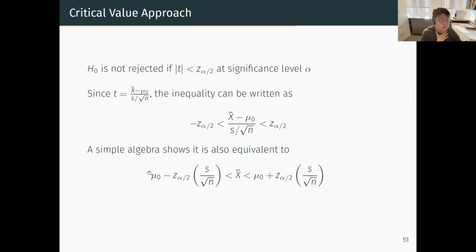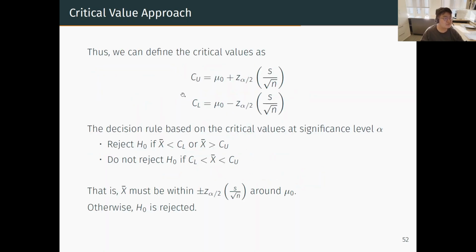I believed the unknown population mean equals mu zero, and we allow minus something on the left and plus something on the right. That's the margin we have to allow. If the sample average lies in between those two critical values, we don't reject our null hypothesis. That's how the critical values are calculated.